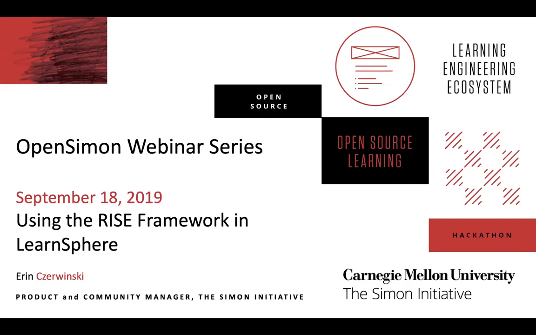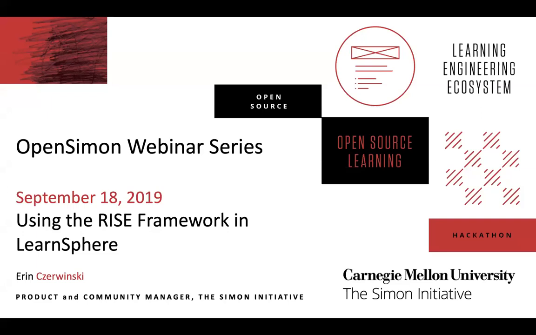And this week, I'm presenting information about how to use the RISE framework in our LearnSphere tool. Just so you know, the RISE framework is an automated process that identifies learning resources to be iteratively improved. So if you have a lot of different activities and resources that your students are using, this analyzes engagement against performance on assessments to really give you an idea of where to prioritize iterative improvement efforts.